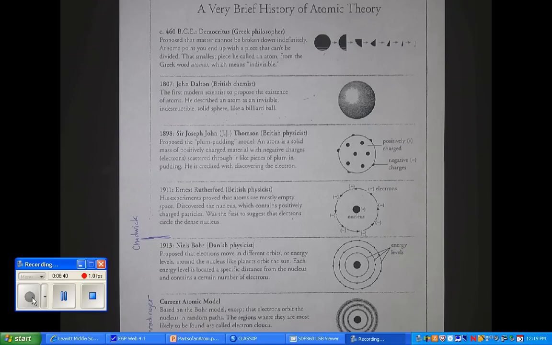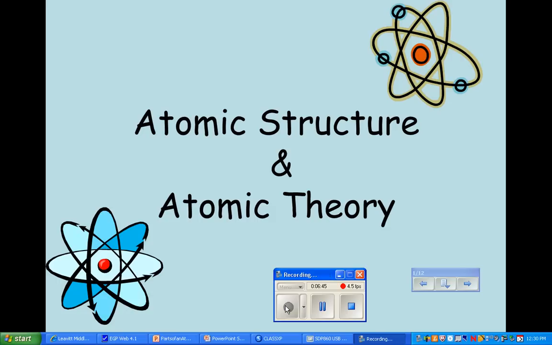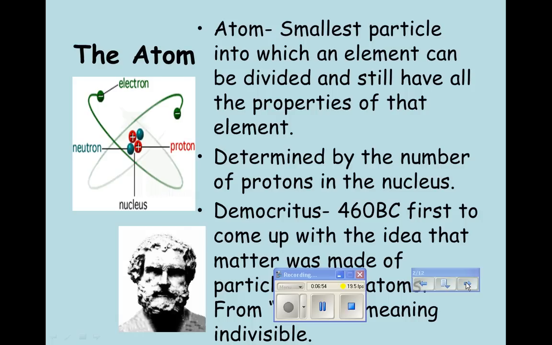Okay, to review everything that we've learned so far, here's a PowerPoint with some pictures. The atom is the smallest particle into which an element can be divided and still have all the properties of that element. It's determined by the number of protons in the nucleus.